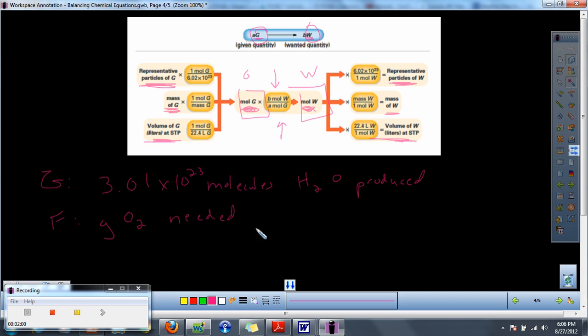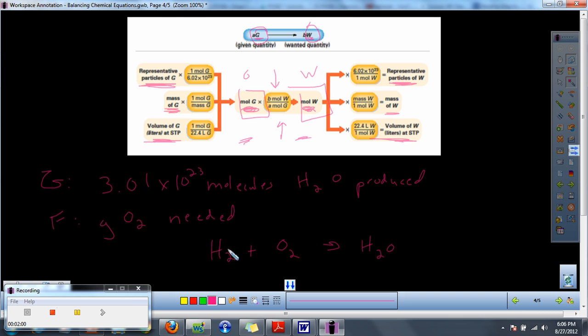Okay, so in order to do this, you need to have a balanced chemical equation. Before you ever consider using this chart, particularly the mole-mole ratio, you have to have a balanced chemical equation. So reacting hydrogen and oxygen together, you form water. So you need to balance. Let's see, you can balance hydrogen.